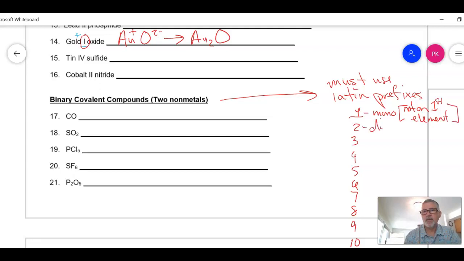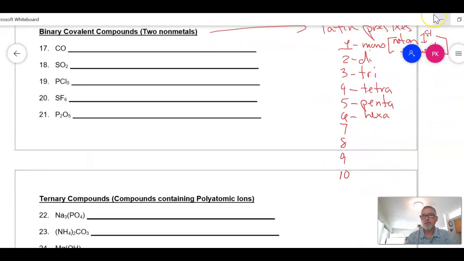Two is di, 3 is tri, 4 is tetra, penta, hexa, hepta, octa, nona. So those are my prefixes.